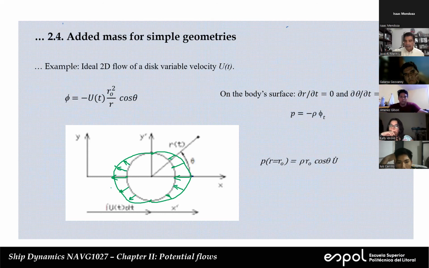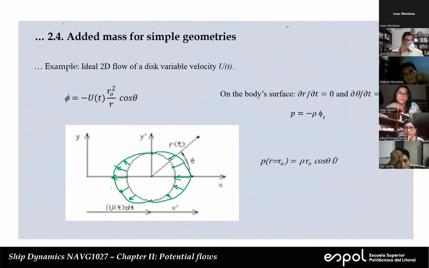Mr. Guy, just looking at this, what can you expect for the force on the body? It's going to be 0 or what? No, it's going to be the double. No, exactly.